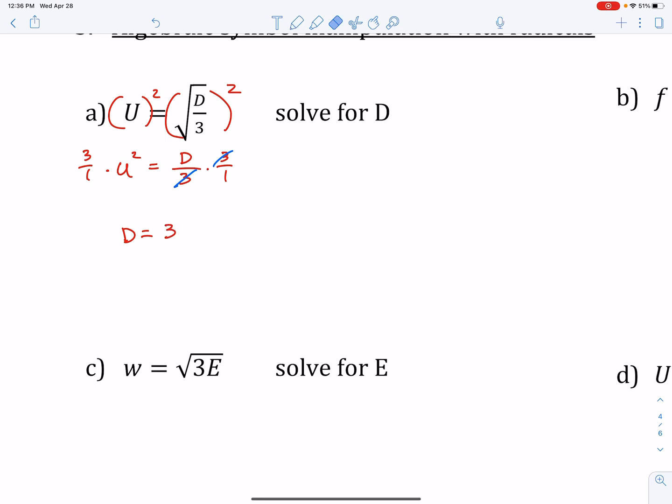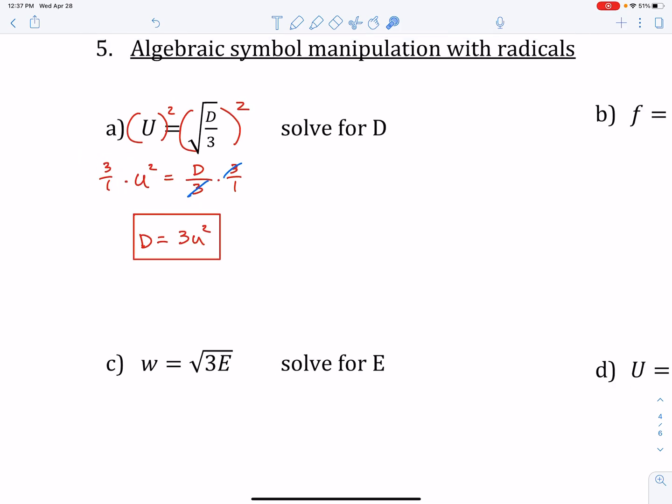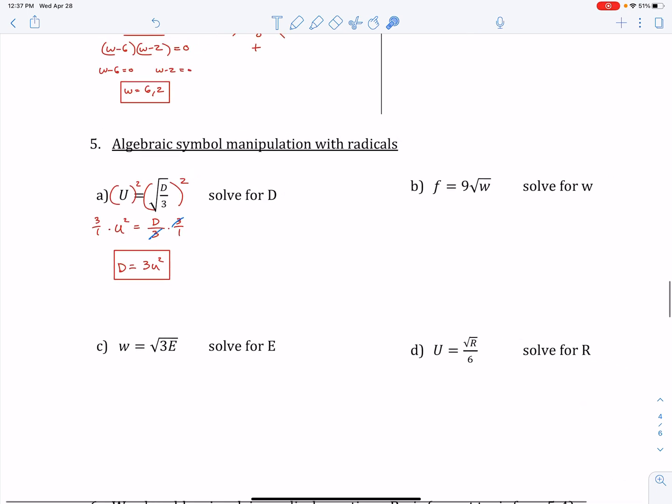I just flipped everything. Again, right here, 3 times u over 1 is 3u squared. They're not like terms, so you can't combine anything.